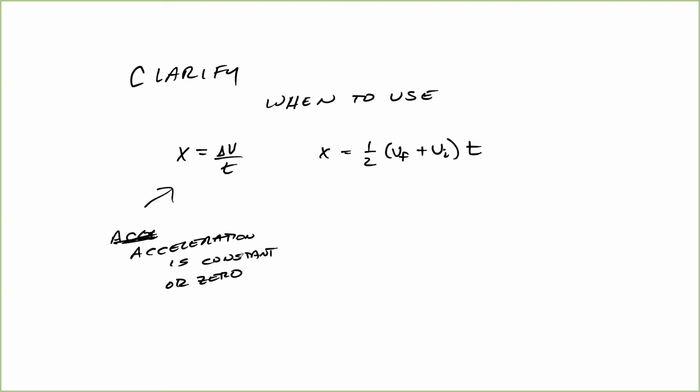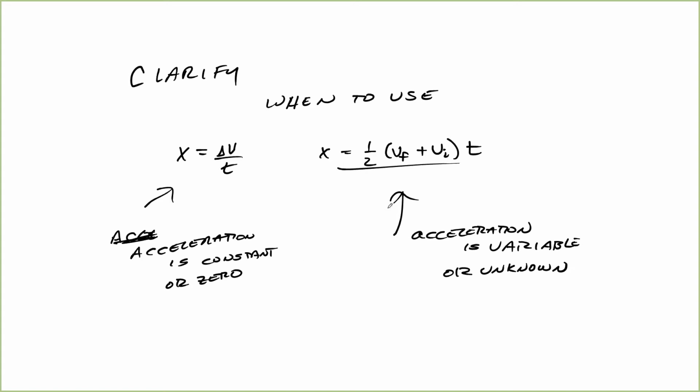Or the acceleration is constant throughout the experiment. This one is when acceleration is variable or unknown. So the difference is that we know there's some type of acceleration here, but we don't know it. We know there's one present. Here we know it's constant or it's zero. There's no other forces acting on it.